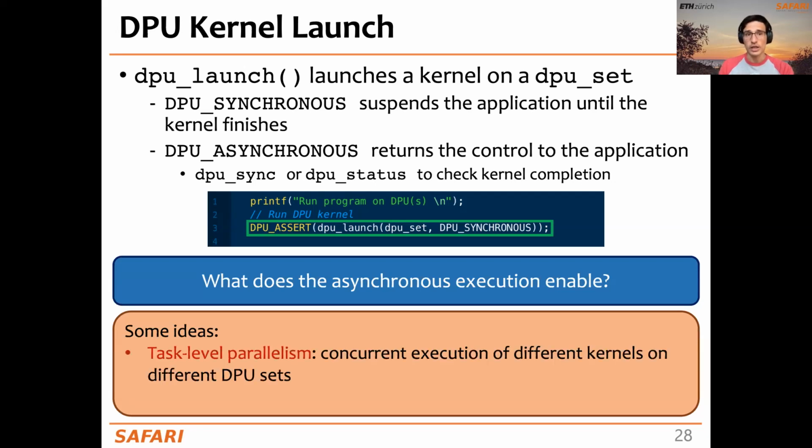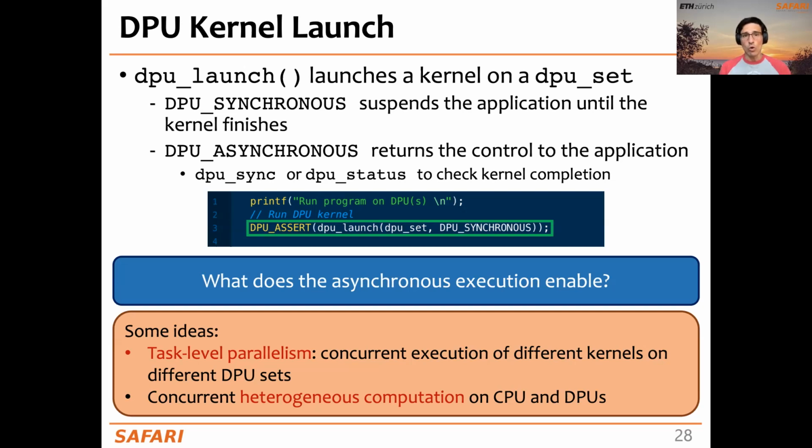First of all, it enables task-level parallelism, because we could launch one kernel on a DPU set and then return the control to the CPU thread, and then the CPU thread launches a different kernel onto a different DPU set. It also enables concurrent heterogeneous computation on the CPUs and the DPUs.